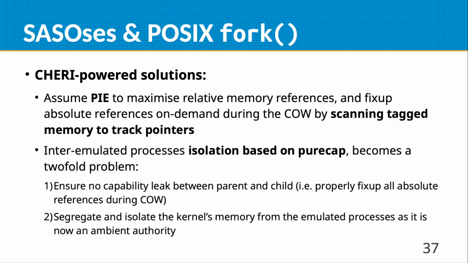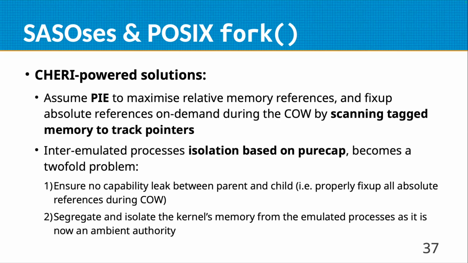For the isolation, basically, we rely on PureCAP, and it becomes a twofold problem. When you copy the subset of an address space that corresponds to an emulated process, you need to make sure that you are not leaking any capability that would let the child access the parent part of the address space.